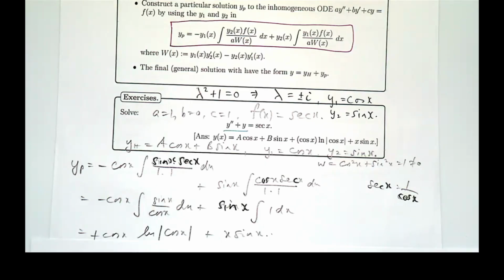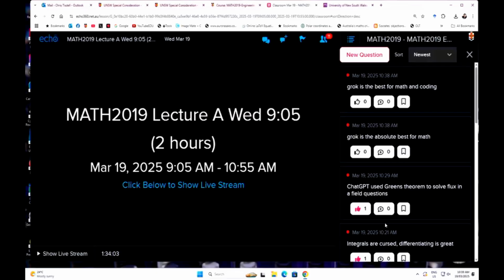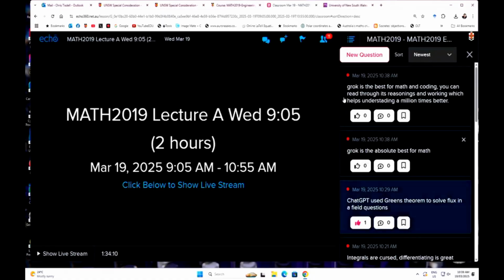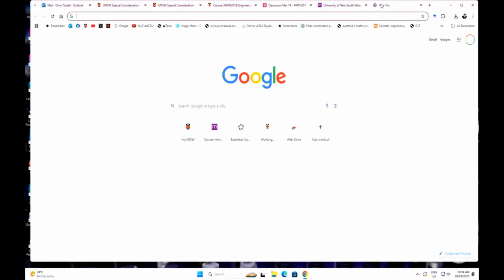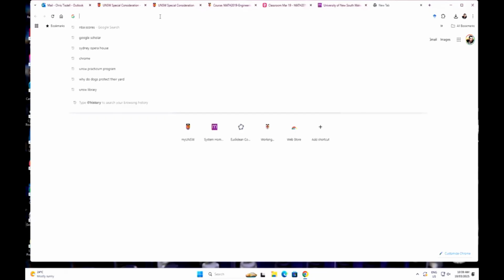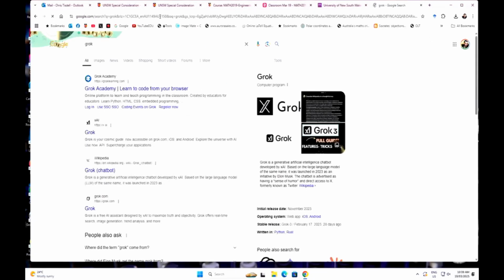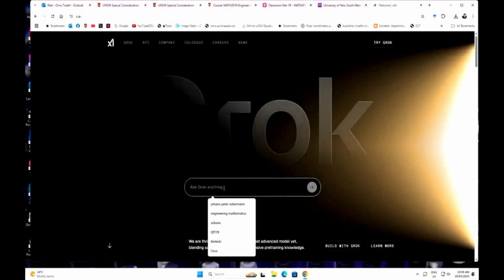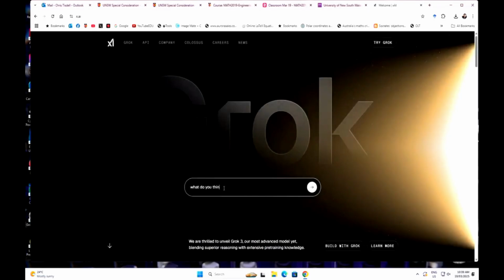Grok. Hang on, let me put this up. Grok is the best for math and coding. Grok? Am I going to regret this if I do a search for Grok? Ask it what it thinks of Elon Musk. Okay.